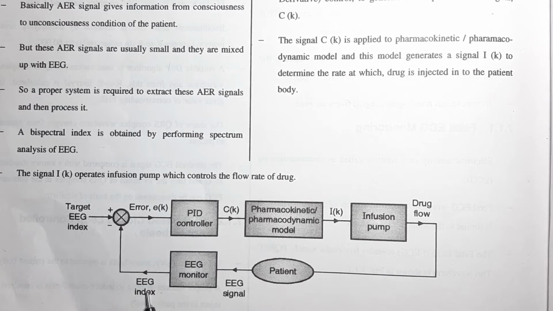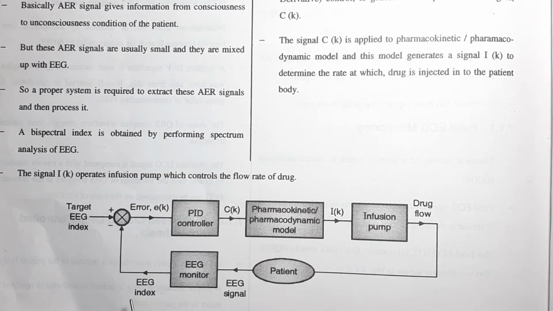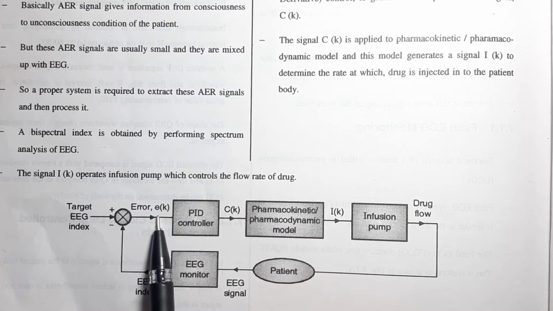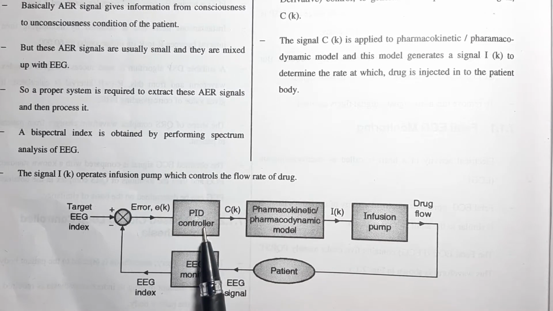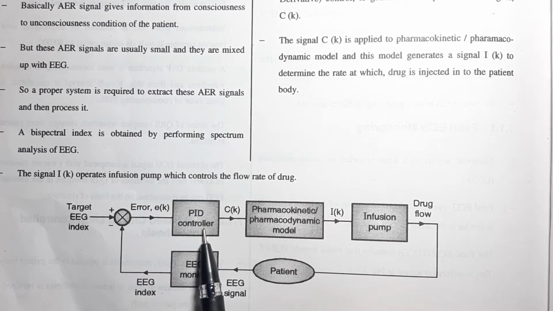The difference between the target index and the measured EEG index produces an error signal, that is E of k. This signal is applied to a PID controller, or proportional integral derivative controller, to generate the required control signal C of k.